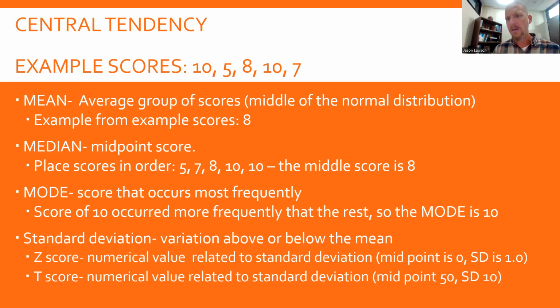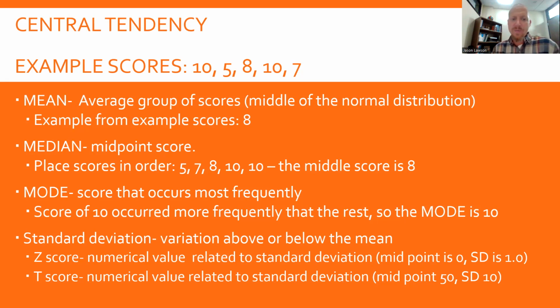That's the question. And so we could find the z-score, which is a numerical value related to the standard deviation. So if we know that a standard deviation is 1, and they scored a 6, and the mean score is 8, that means they'd be 2 standard deviations below the mean, if that's our scaling.